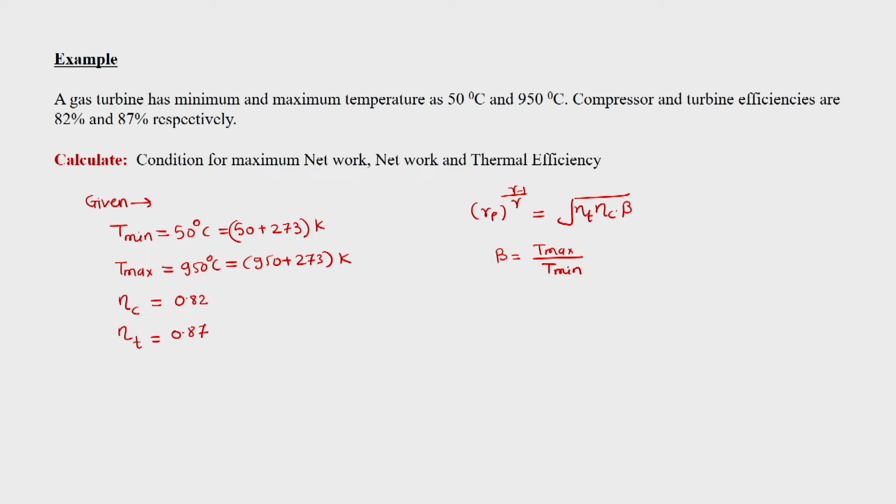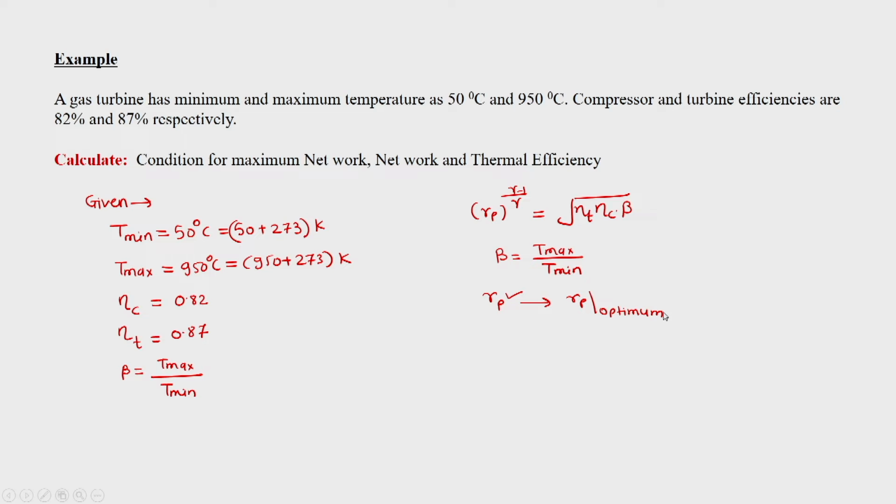In this example, the maximum and minimum temperatures are given, so beta is also known. Beta is known, eta t is known, eta c is known, so we can find Rp. Basically this Rp is Rp optimum.